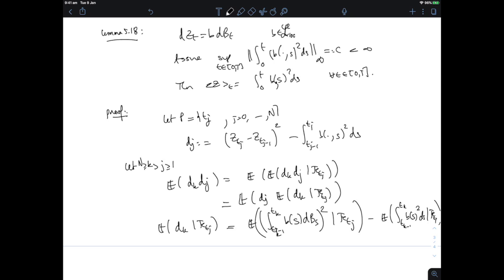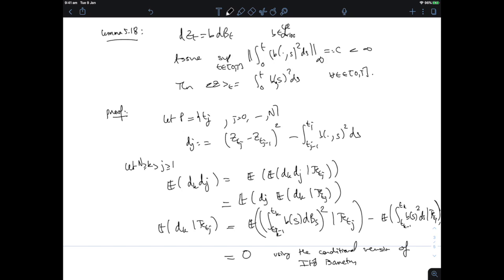And right, if I were not conditioning, then the fact that this is 0 would just be Ito isometry. But here, what I get is that it is 0 using the conditional version of Ito isometry.